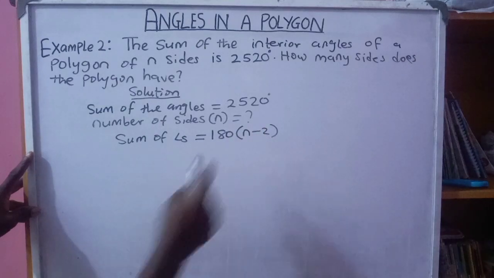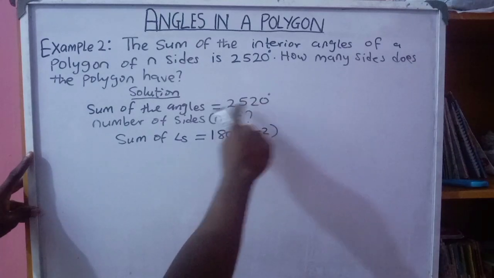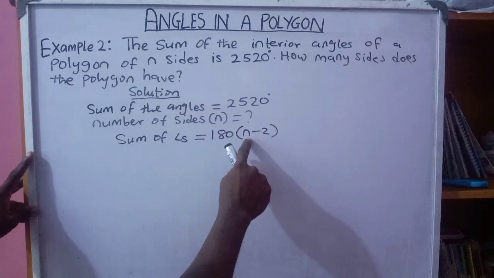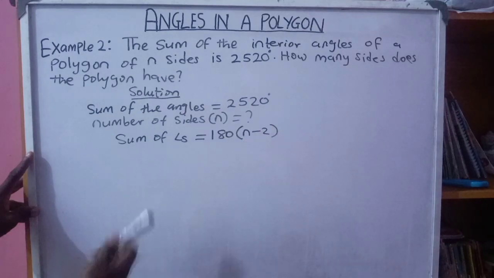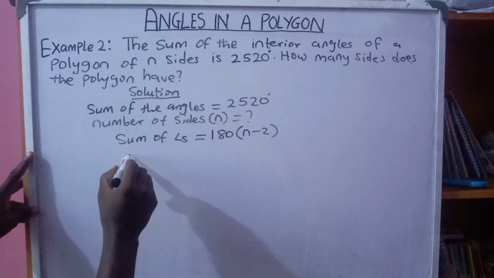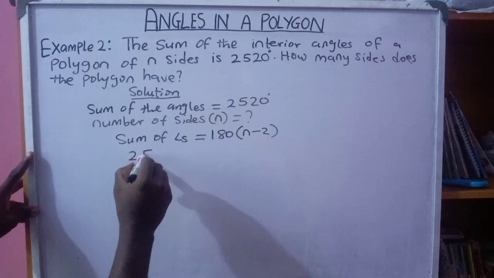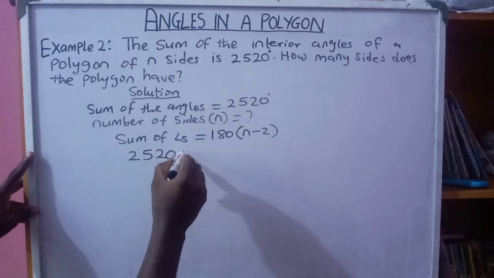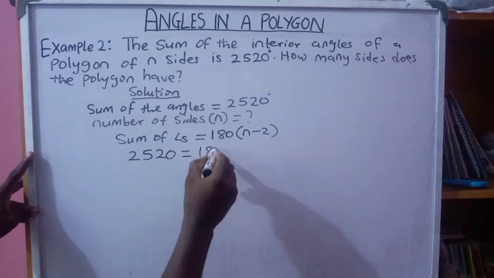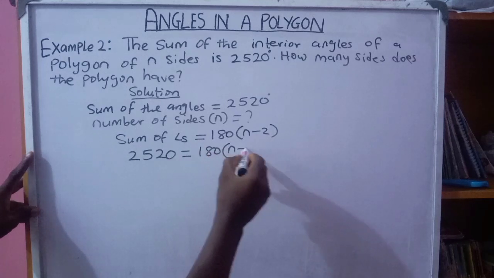So all we need to do is to substitute the value of the angle that we have here and find the value of the unknown n, which is the number of sides. So what is the value of sum of angles? The sum of the angles there is 2,520, equal to 180 bracket n minus 2.